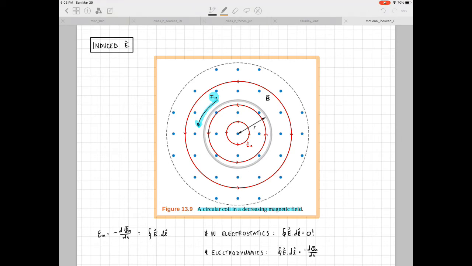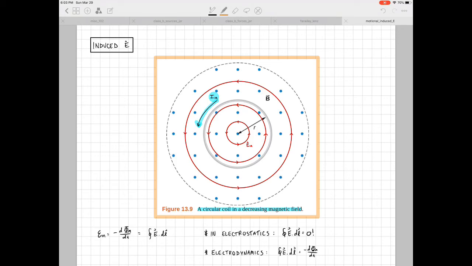It turns out that when you change the magnetic field, if the magnetic field is changing with time, that actually produces electric fields. And this is going to be fundamental to what we do in the coming weeks as we move into talking about electromagnetic waves. It turns out that changing B fields induce or create electric fields, and changing electric fields induce or create B fields.